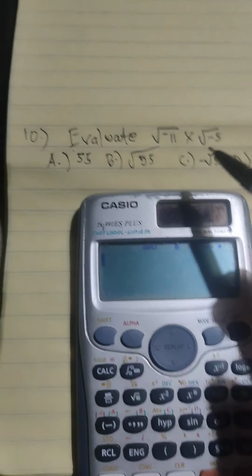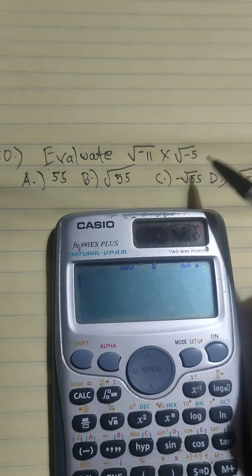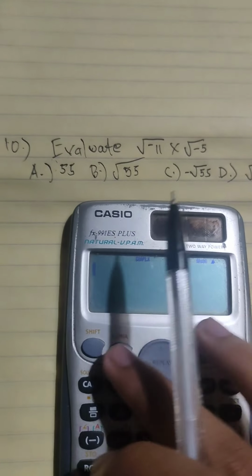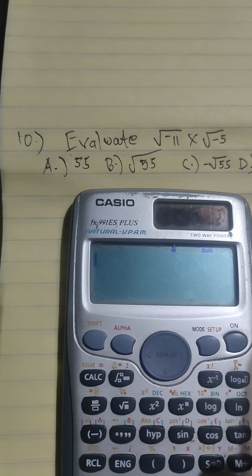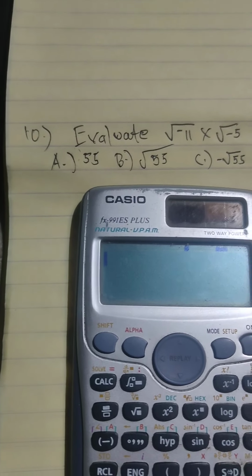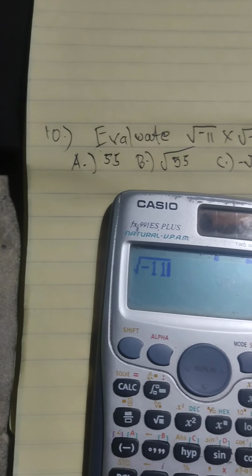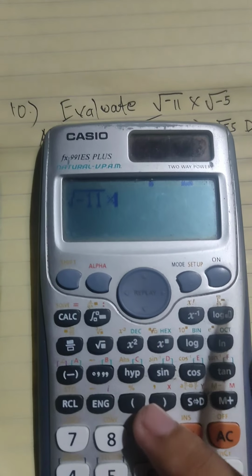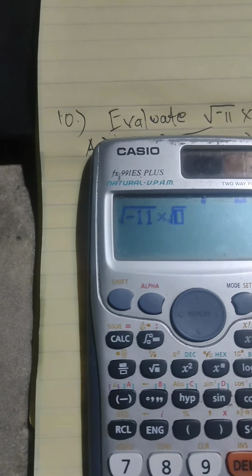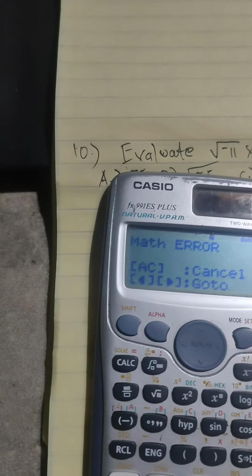Then, evaluate square root of negative 11 times square root of negative 5. So if we try to input that directly, square root of negative 11 times square root of negative 5, the answer would be math error.